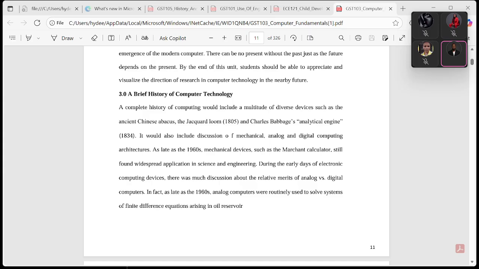It came out in your TMA, so please take note of that one. Atanasoff-Berry Computer, ABC, 1937 to 1941. Early electronic calculator, but not programmable. What does that mean? That means these calculators were able to do mainly addition and subtraction, but they were not able to be programmed.